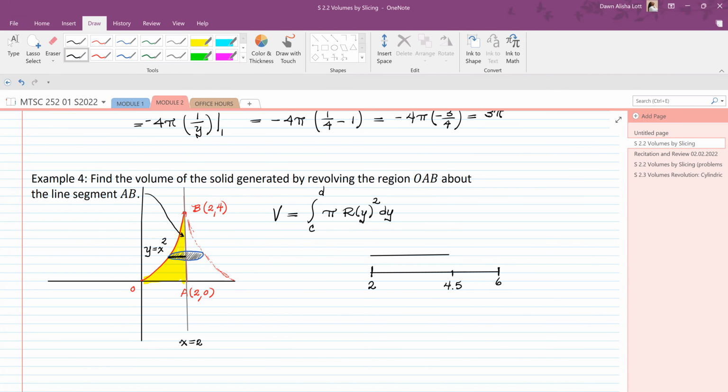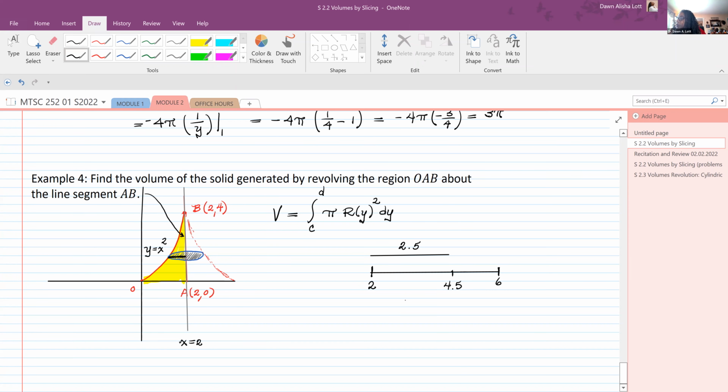Is it 2.5? Okay, it's 2.5. All right, so one way I can figure out how long that line is, is to take 4.5 and subtract 2, and I get 2.5.